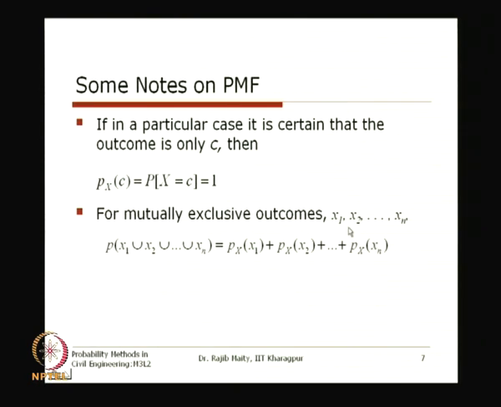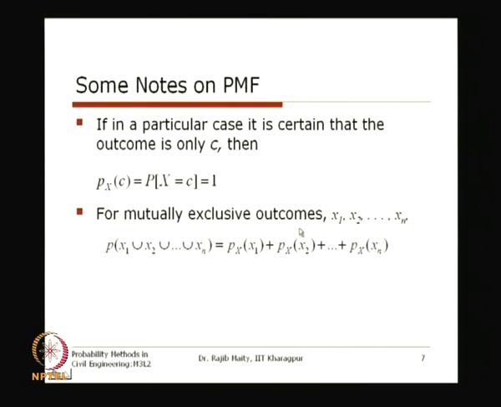This is obvious in the case of throwing a dice, where there are 6 possible outcomes, and if we say all the outcomes are equally possible, and I take the numbers 1 to 4, then the total probability that the random variable will take either 1, 2, 3, or 4 will be equal to the probability of getting 1 plus the probability of getting 2 plus the probability of getting 3 plus the probability of getting 4.